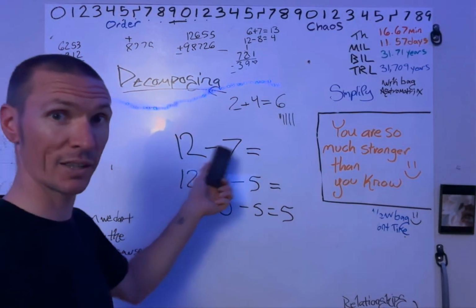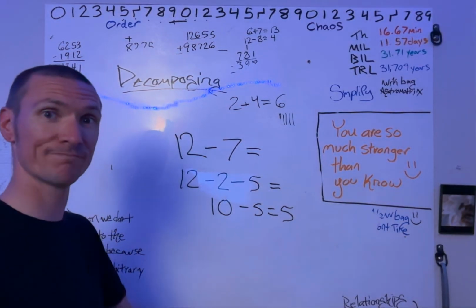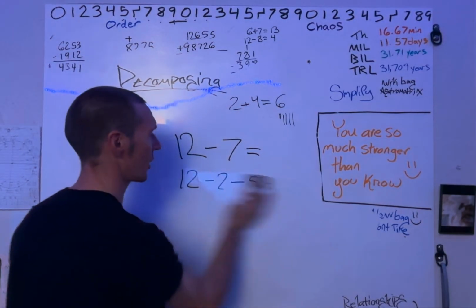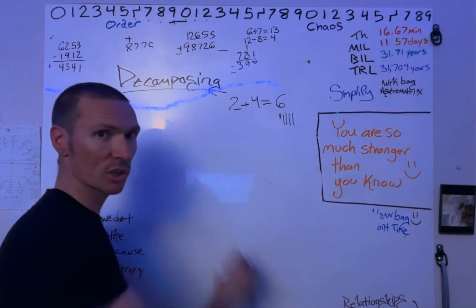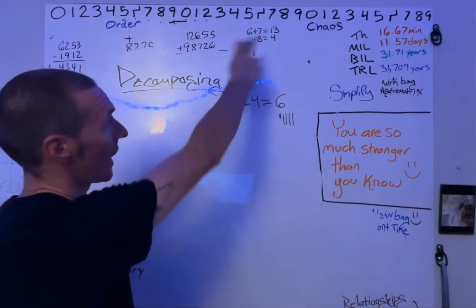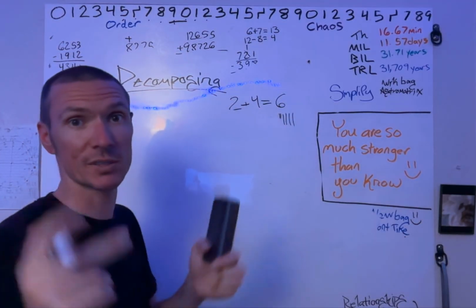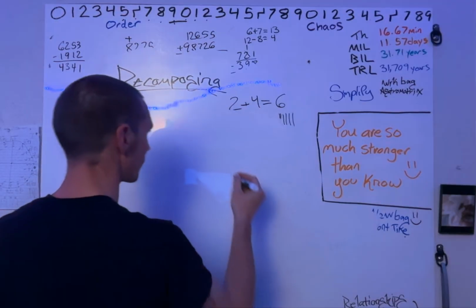Because 12 minus 7 is 5. So whenever you're subtracting or adding, and you're going to be making that jump between the 9 and 0, you just break it into its closest 0, its closest 10.